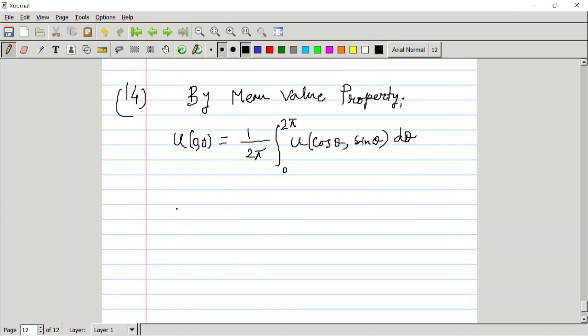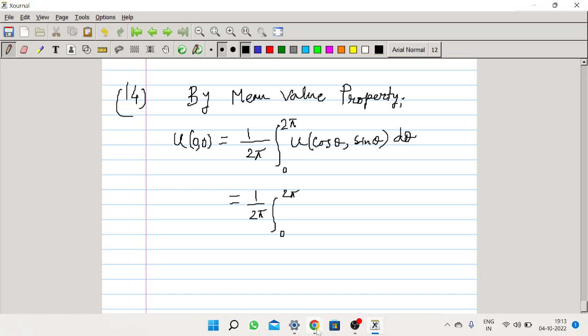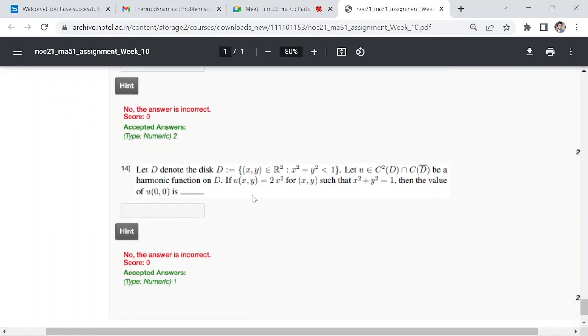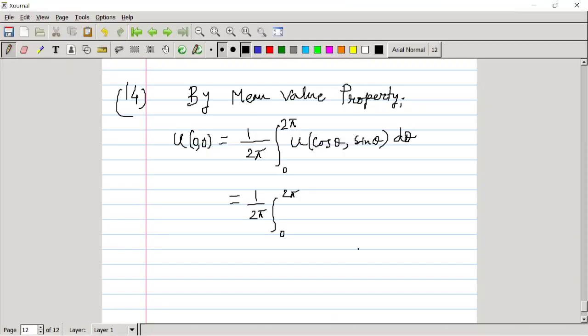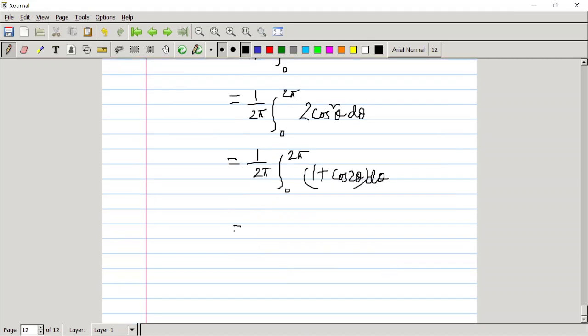Okay. So my u is here in the question. Let me show you the question properly. The question is u is 2x square. My x is cos theta, so I have to write 2 cos square theta. So 1 by 2 pi times the integral from 0 to 2 pi of 2 cos square theta d theta. 2 cos square theta means 1 plus cos 2 theta, and the integration of cos 2 theta is 0 over 0 to 2 pi.